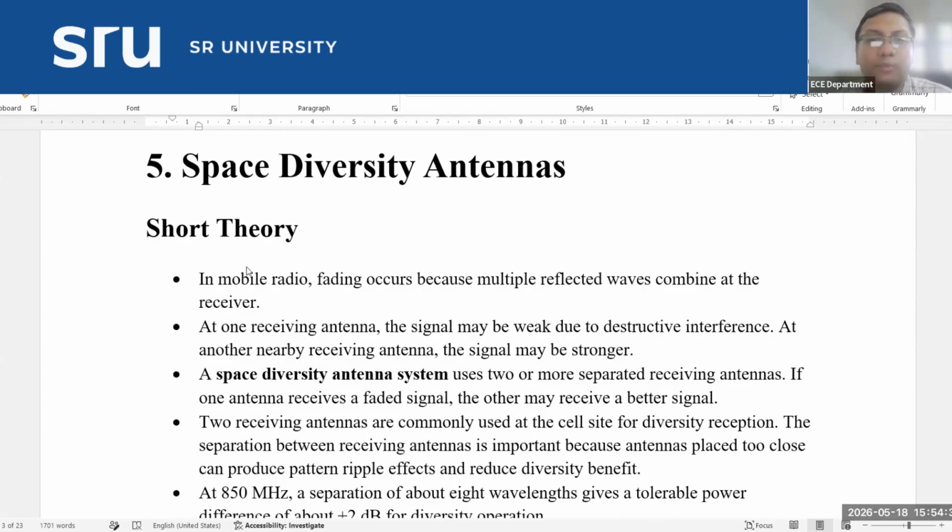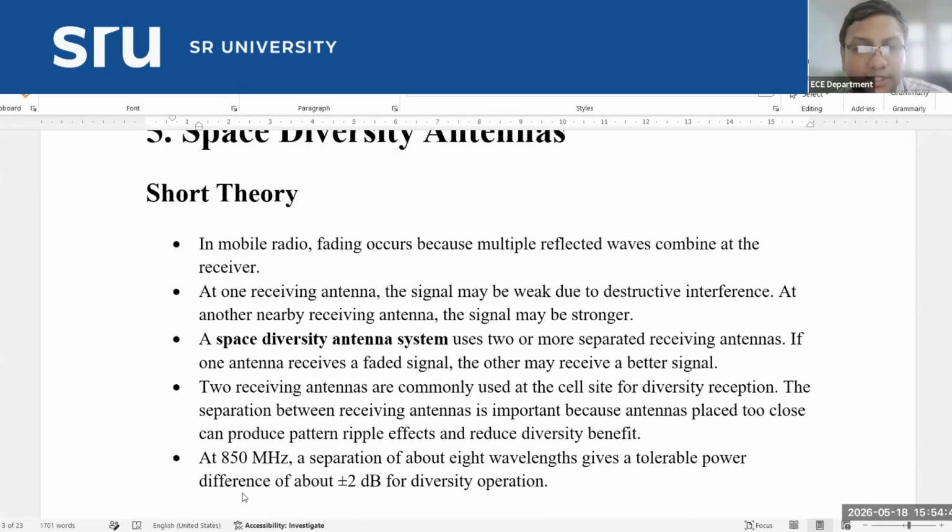Now let us come to the topic of space diversity antennas. So what is space diversity? Compared to fixed point or point-to-point communication, mobile radio communication is very unique.